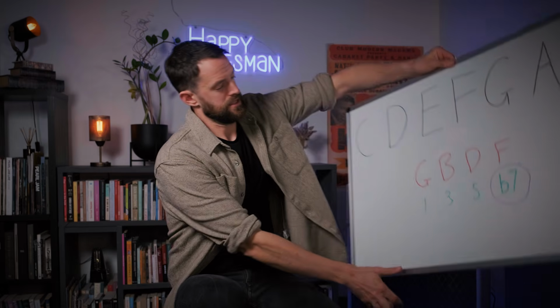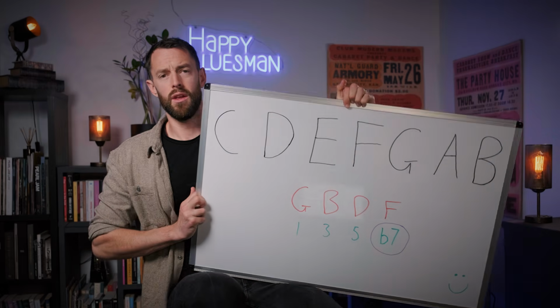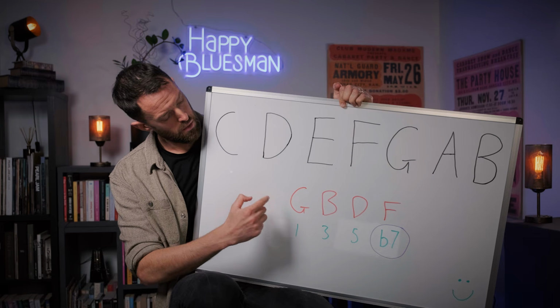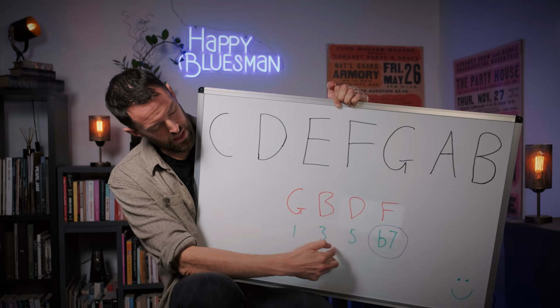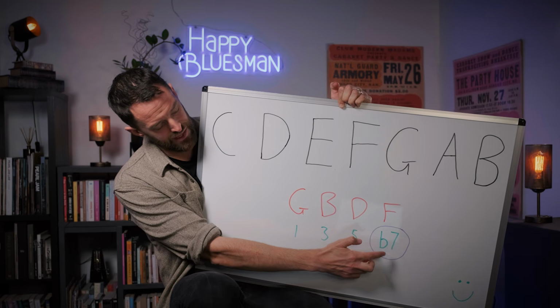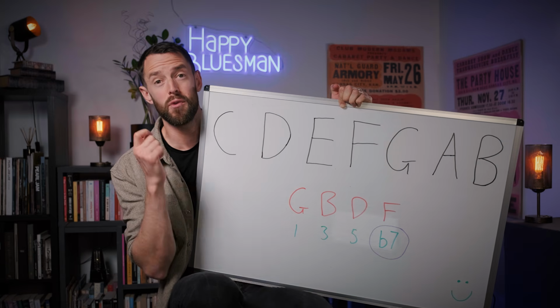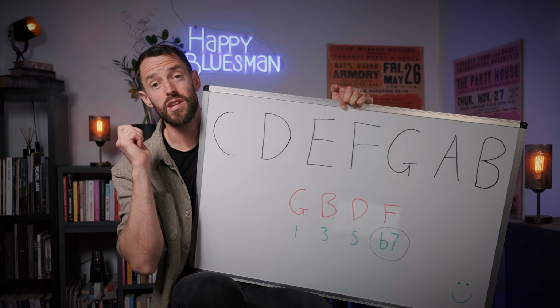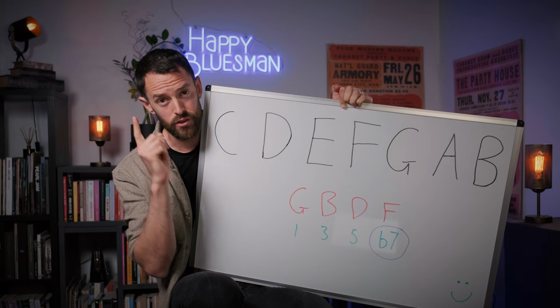If we visualize that on our trusty whiteboard for a second, then we see what's going on. We end up with the 1, the 3, the 5, and the flat 7, which is the super important note because it changes the quality of the chord.